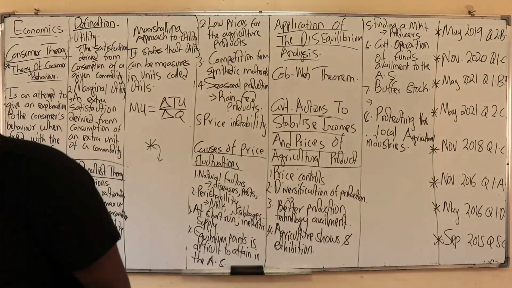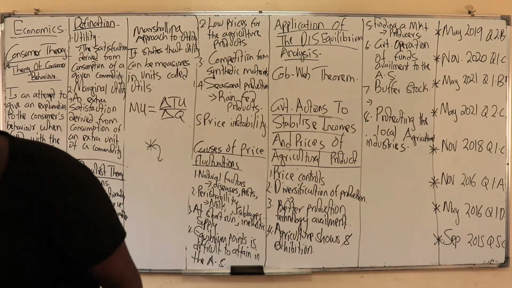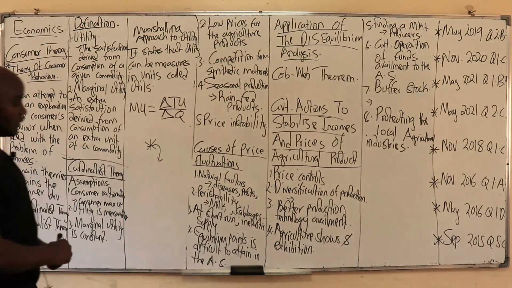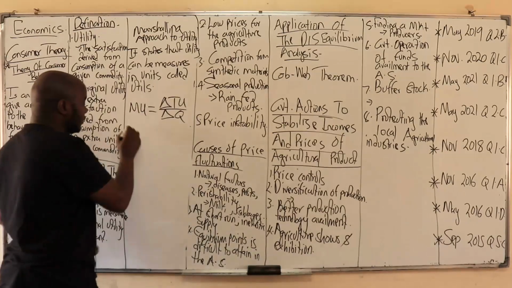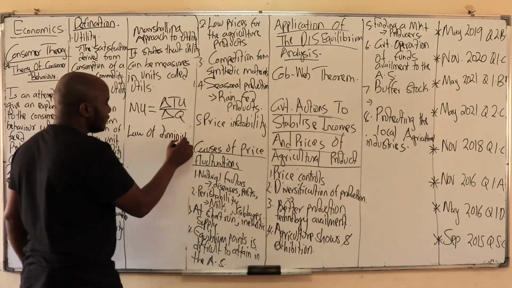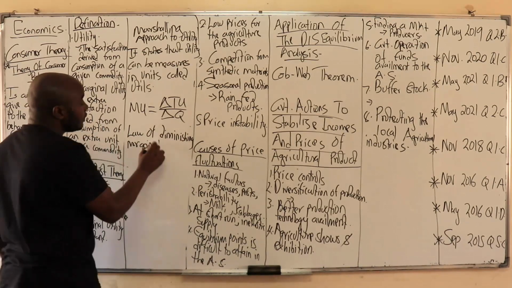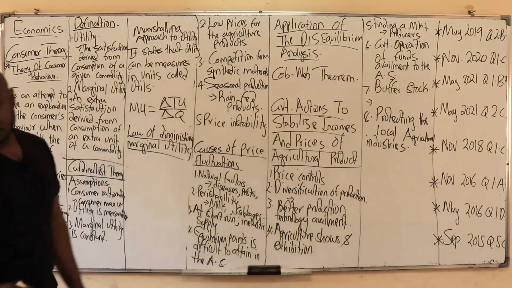I don't know whether we have a diagram here whereby we can measure that. I think we can write it as the rule of diminishing marginal utility.